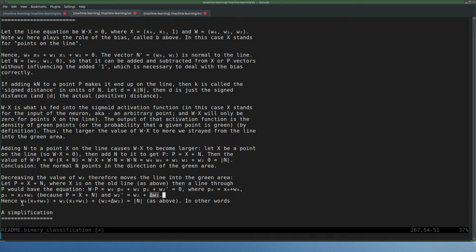So now I can write that out. w0 times p0, where p0 is x0 plus w0. And then that one and that one equals 0. Zero equals, I wrote this, and then that, and then that.